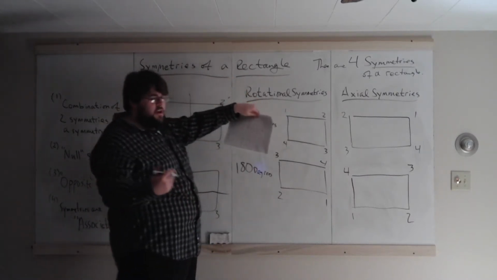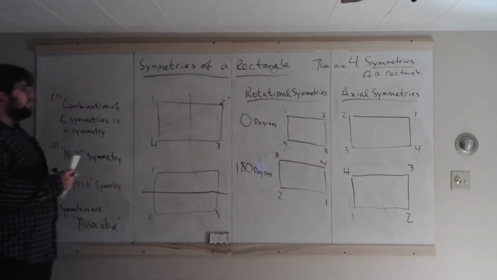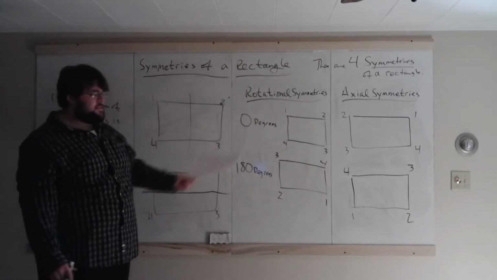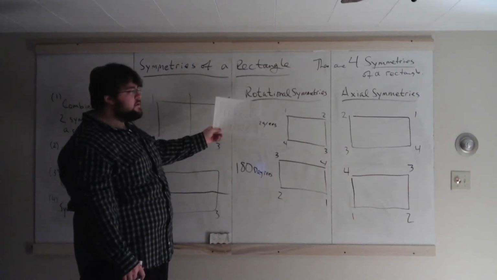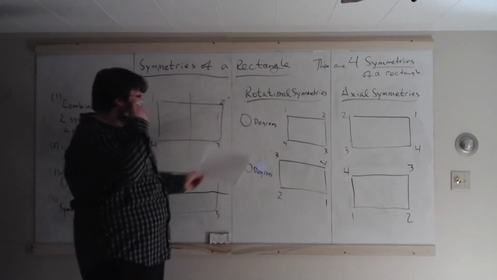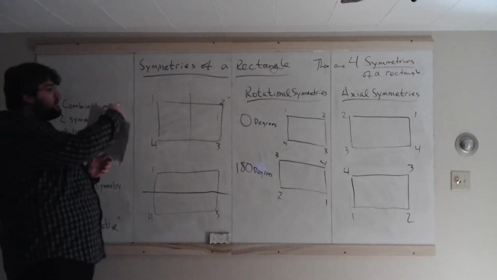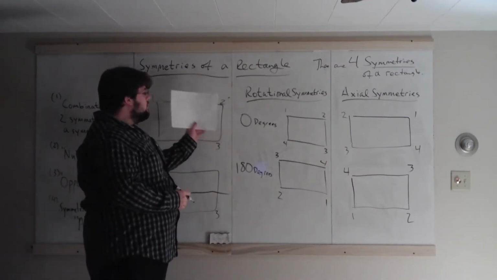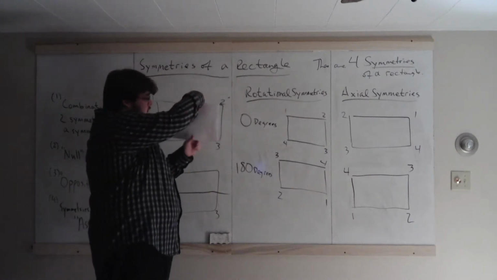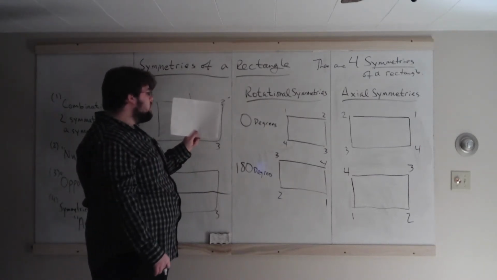Well, another 180. Start like this, rotate 0. How do you get back to the original? Well, you rotate 0 again. And with the axial symmetries, you also just apply the same symmetry. Flip like this. How do you get back to the normal? Well, you do the same flip.